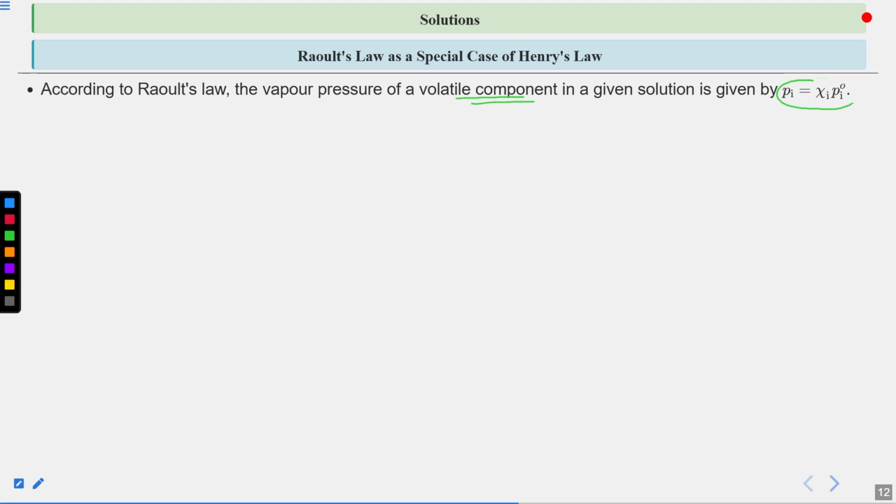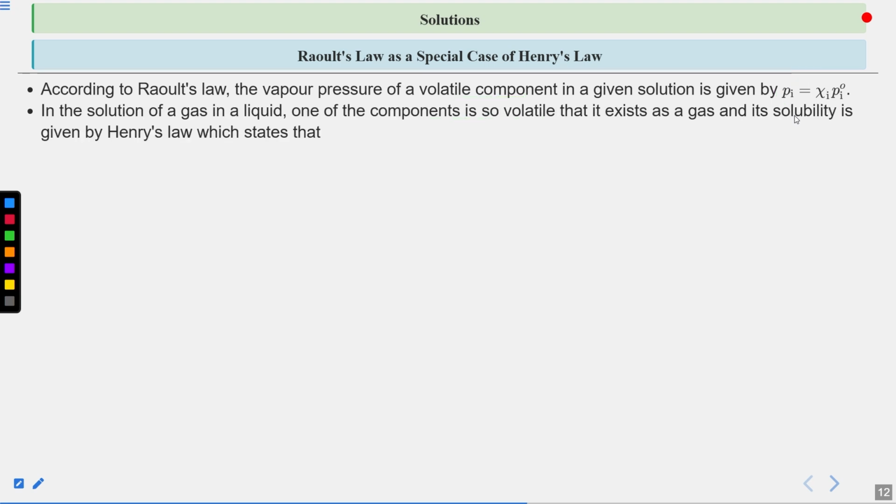We know this equation very well, and it is well understood now from our previous discussion. And for the solution of gas in a liquid, so initially this was for liquid solution, this is Henry's law, and we know that it is for the gas in a liquid.